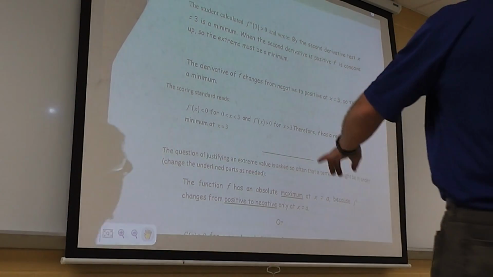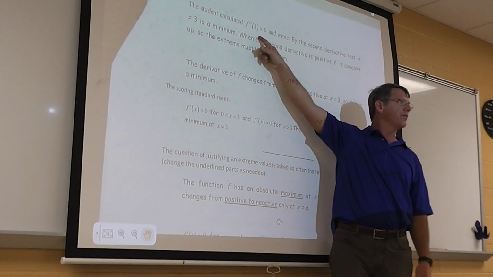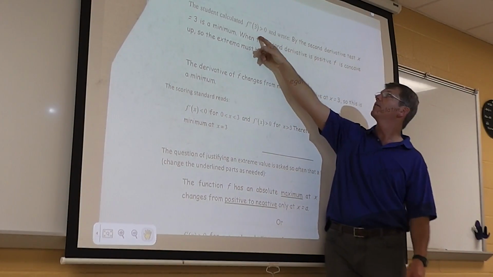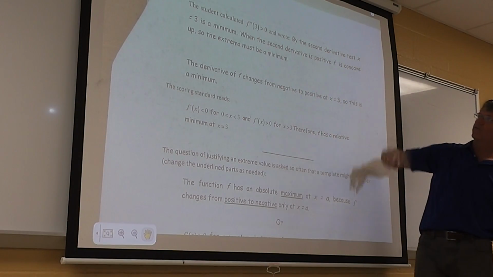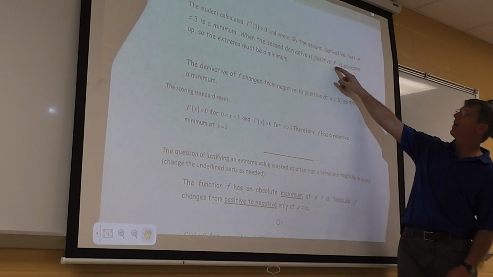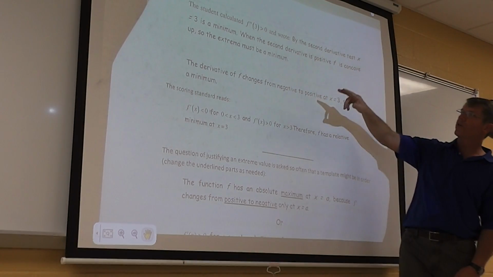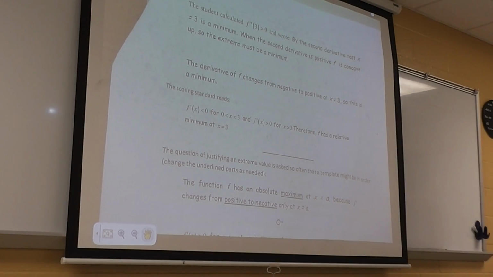Another student actually calculated the second derivative and found that the second derivative at 3 was positive, or greater than 0. And they wrote, by the second derivative test, x equals 3 is a minimum. When the second derivative is positive, f is concave up, so the extremum must be a minimum. That would suffice. That you've justified it using a second derivative test. That would work.